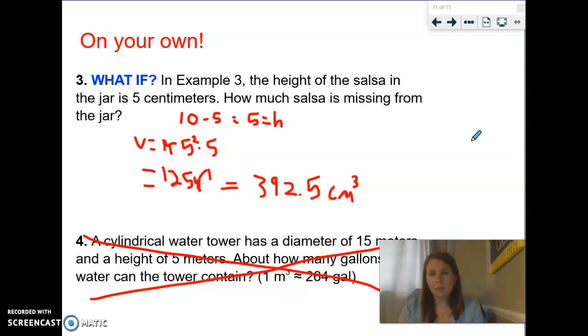So for the most part with your answers, I will be lenient, meaning there's a little room for flexibility, but you have to have very close to the same answer, okay? Something like 392 would be fine, or 393 would be fine. But if you had something like 527, that's nowhere close to the right measurement. Biggest thing too is make sure you have those units and you're putting them in correctly and to the right power.